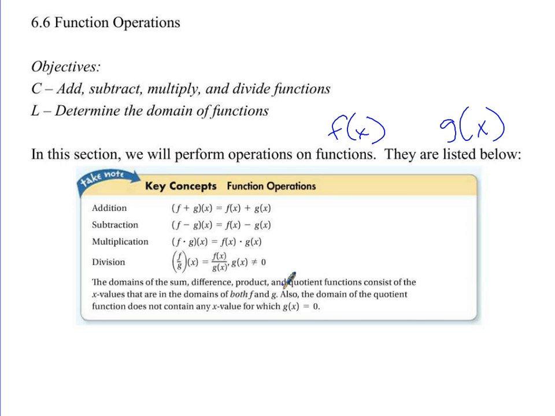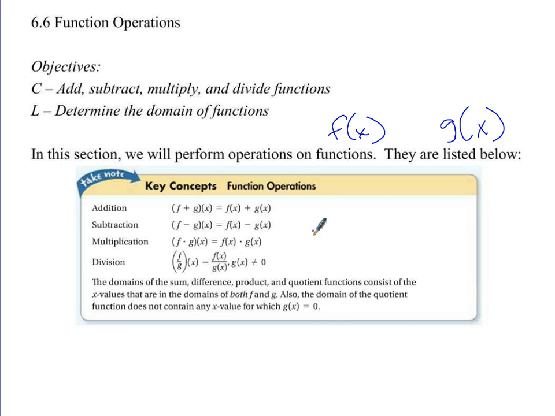So when you see domain of the sum, what that's saying is the numbers that I can plug in for x, for the sum, difference, product, and quotient functions, are the same as the numbers I can plug in for x in both of the two functions that I just used. The domain of the quotient function does not contain any x value for which g of x is equal to 0. That division by 0 part right here. I can't ever divide by 0, and that's what that's saying.